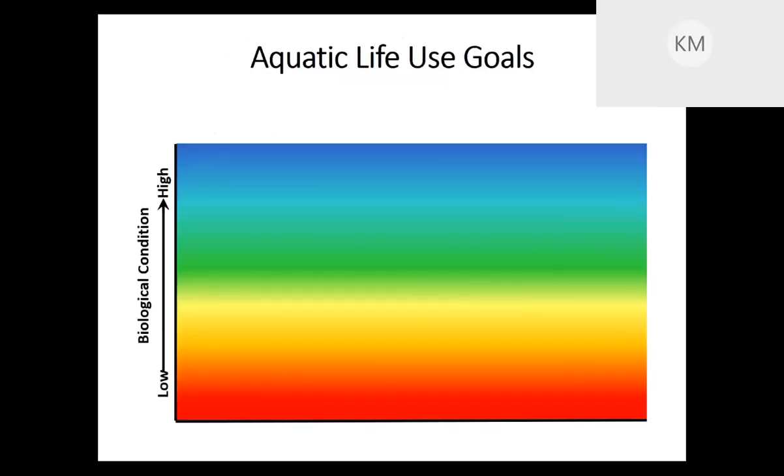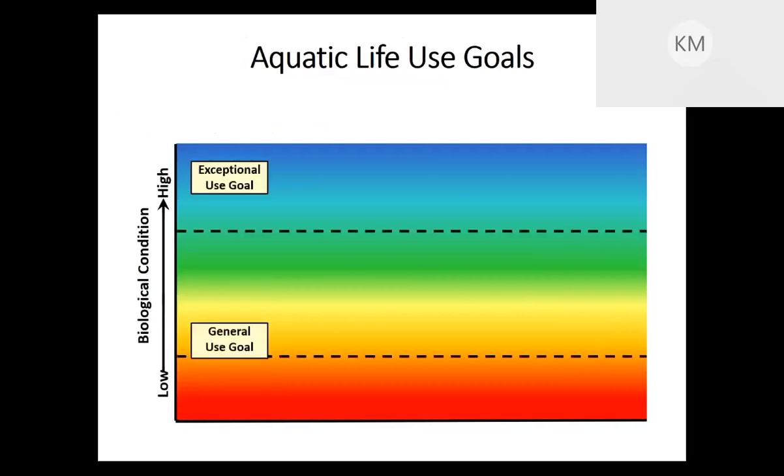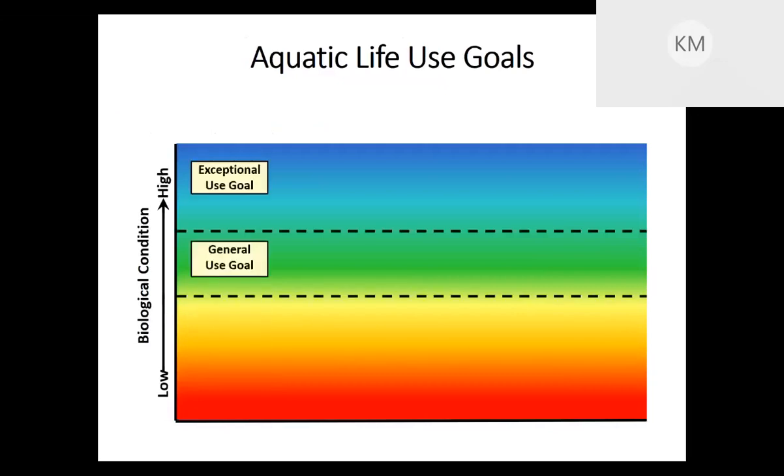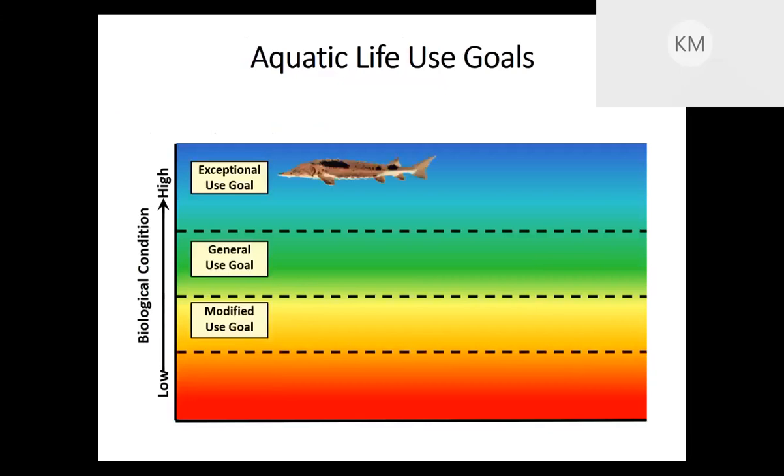So the way the tiered uses work, it's similar to how the uses worked when you just had one size fits all, the general use. Now we've got different options. So if you have a stream that's designated as an exceptional use and it's degraded for some reason, now it goes below that general use threshold, although it's still above that general use goal.